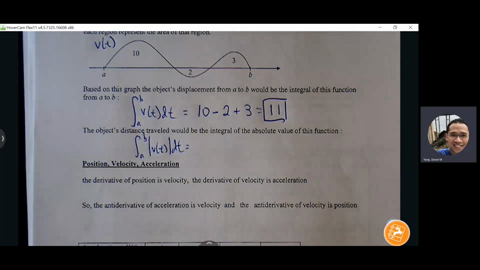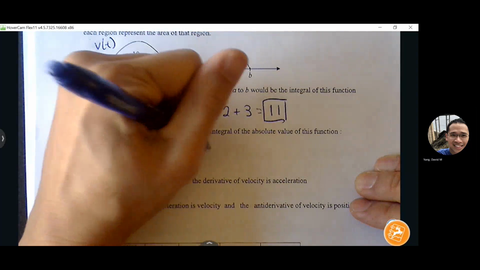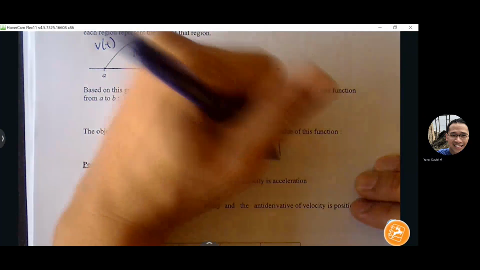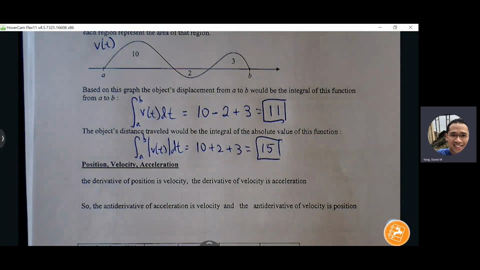So what's the total distance going to be? 15. Okay. So do we understand that distinction? Displacement is how far you are from where you began, and total distance is, think of it as steps, how many steps you actually take.